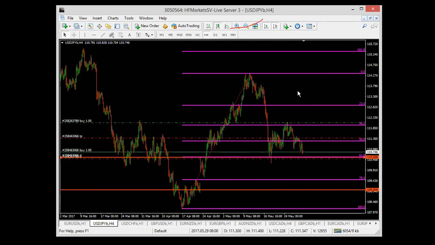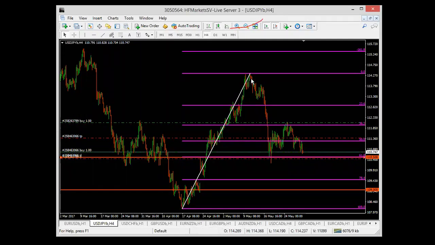But how I teach people, to avoid confusion, because some people may not be able to modify their Fibonacci to have 78.4, is to use a trend line from point A to point B, from the lowest low to the highest high of that trend.